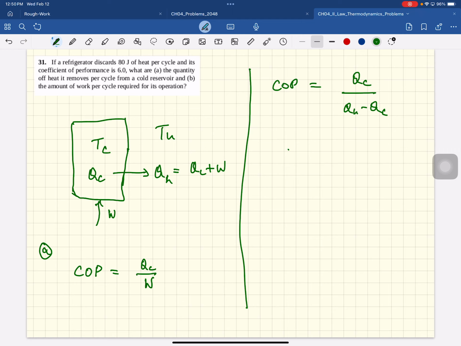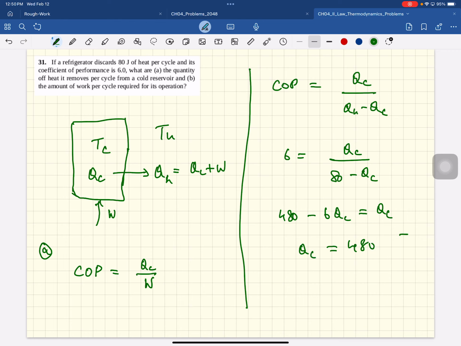They tell you the coefficient of performance is 6, and QH you know is 80 joules per cycle. So now QC is the only unknown, and you can solve it. 6 times 80 is 480, minus 6 QC, equals QC. So the amount of heat removed per cycle is 480 divided by 7.